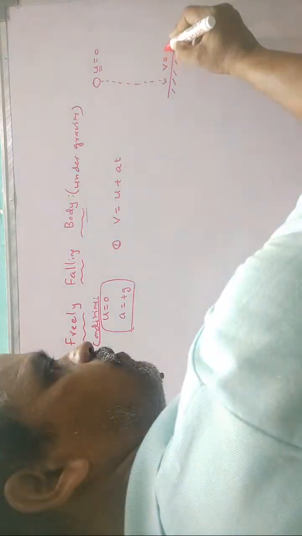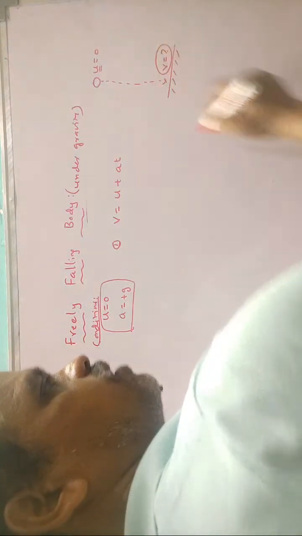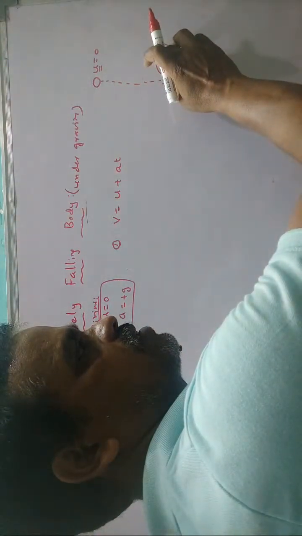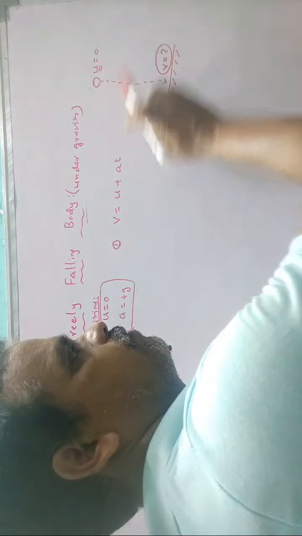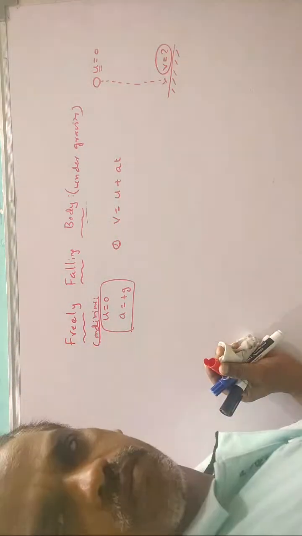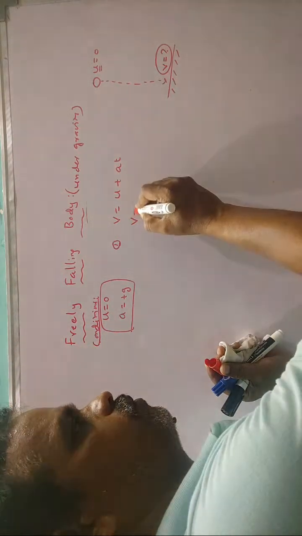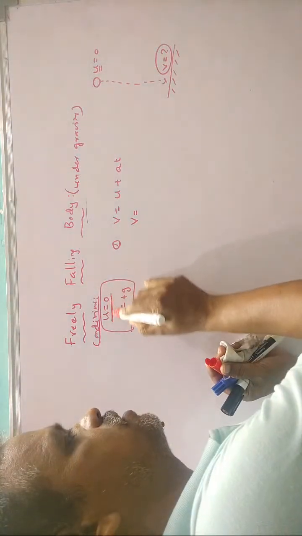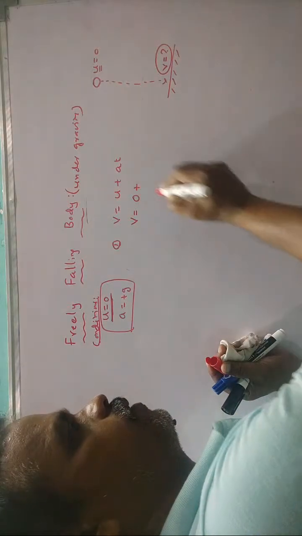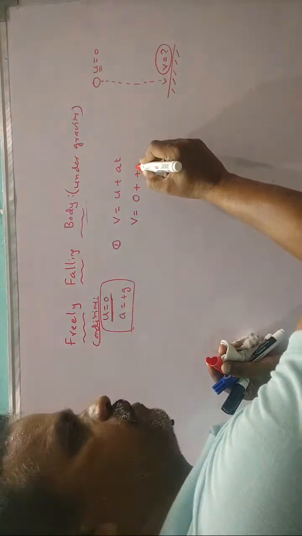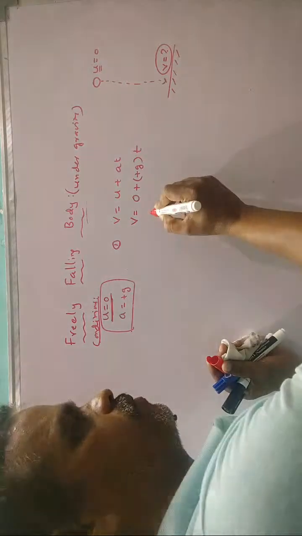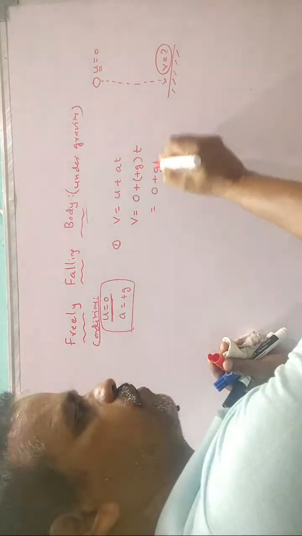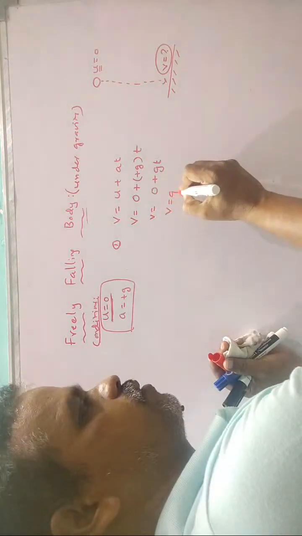What is the final velocity of the body? To calculate the final velocity we can apply this equation. Here V equal to U, already for freely falling body U equal to 0, A equal to plus G, into T. 0 plus GT, V equal to GT.